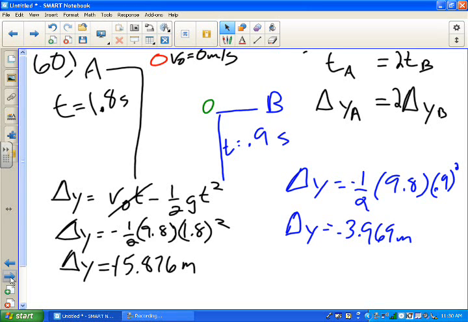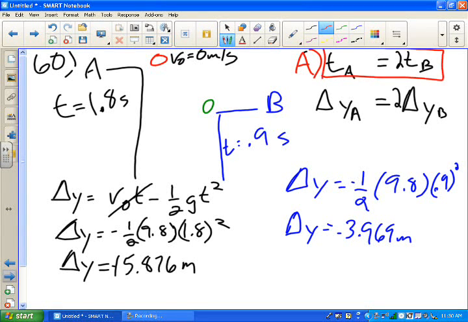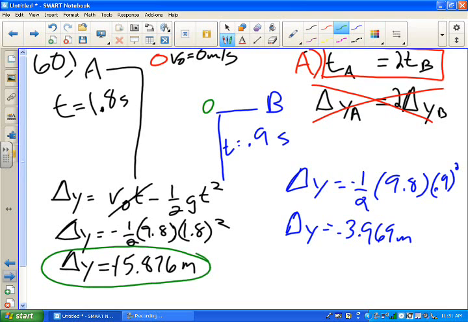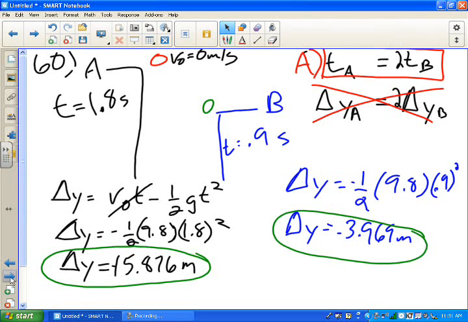So just to summarize what we're doing here, we were told that it takes twice as long for an object to fall from cliff A as from cliff B. We were asked to determine the ratio of the cliff A height to the cliff B height. Then we were given the time of 1.8 seconds for cliff A, which gives us a time of 0.9 seconds for cliff B, and then we mathematically calculated the heights.